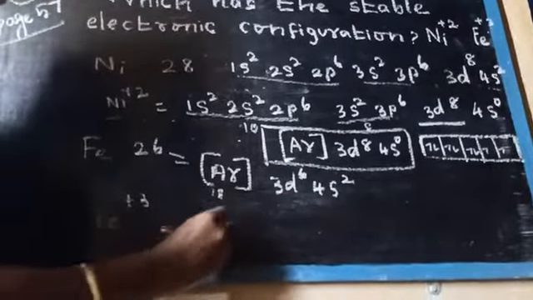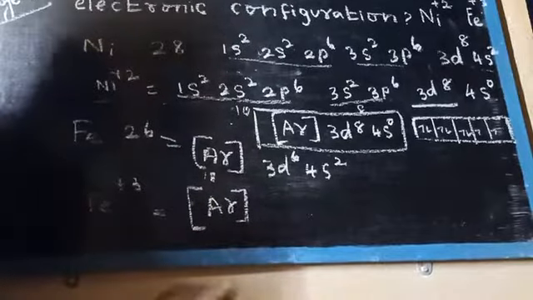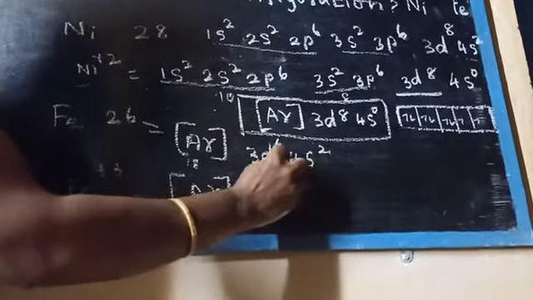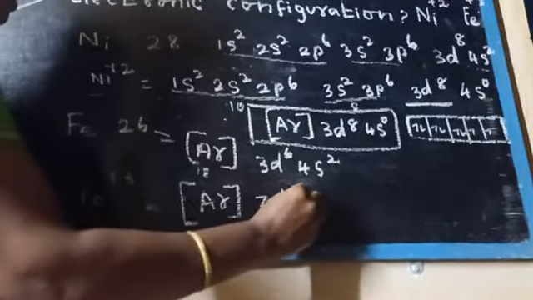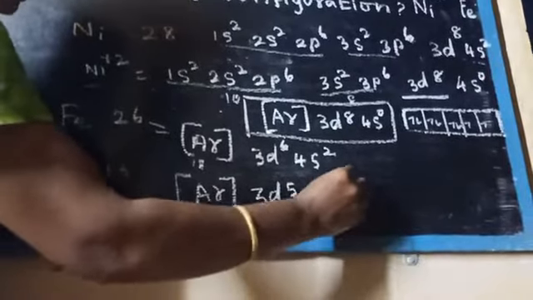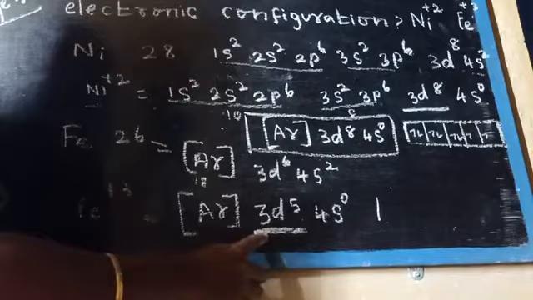So write the electronic configuration of argon again. Here 2 and 1, 3 electrons are lost. So what about the remaining? 3d5, 4s0. So now the outer valence electron is 3d5.